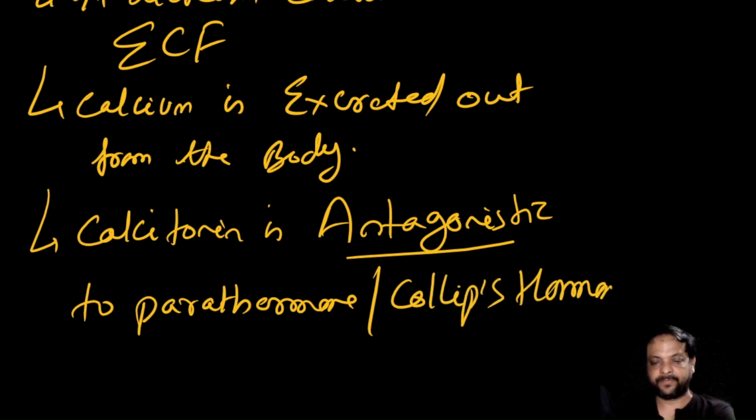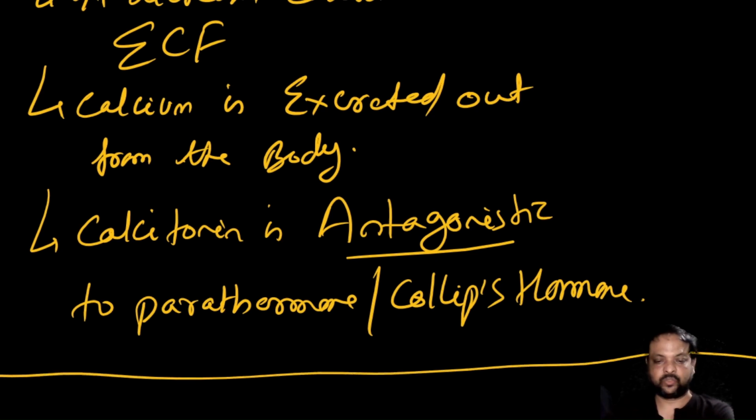We'll discuss this hormone later. Parathormone increases ECF calcium, thereby removing calcium from the bone, whereas calcitonin deposits calcium in the bone. So calcitonin deposits calcium in the bone and decreases the calcium level in the ECF, whereas parathormone increases the calcium level in the ECF and decreases calcium in the bone.